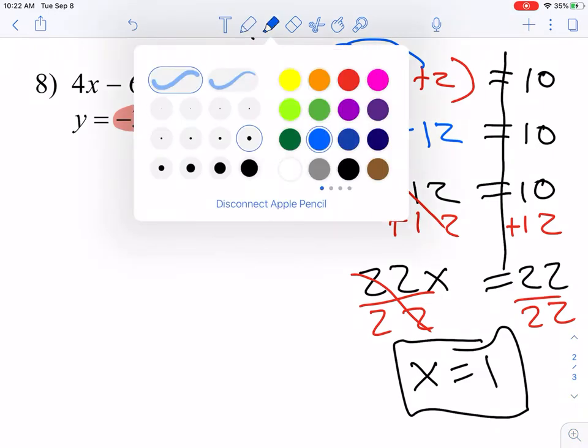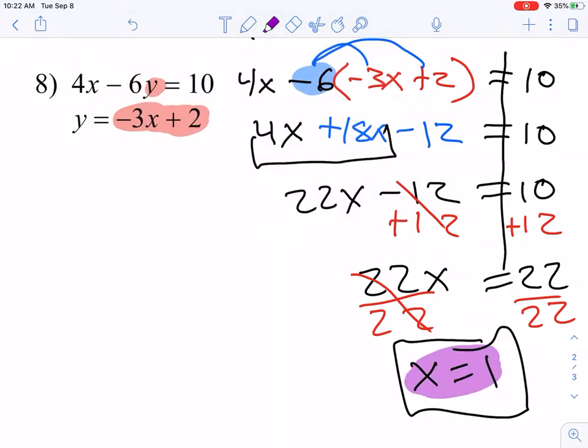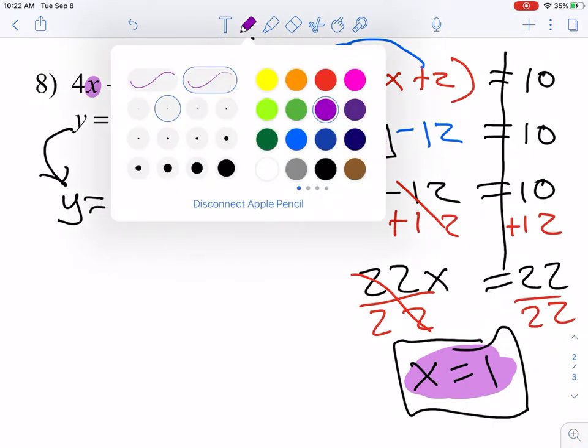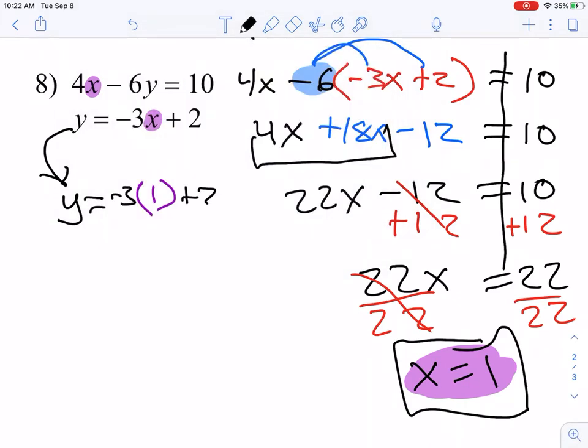So we found what x equals, which means I can use that in x for either this equation or this equation. And the one where y is solved for is going to be the easiest. y equals negative 3 times 1 plus 2.